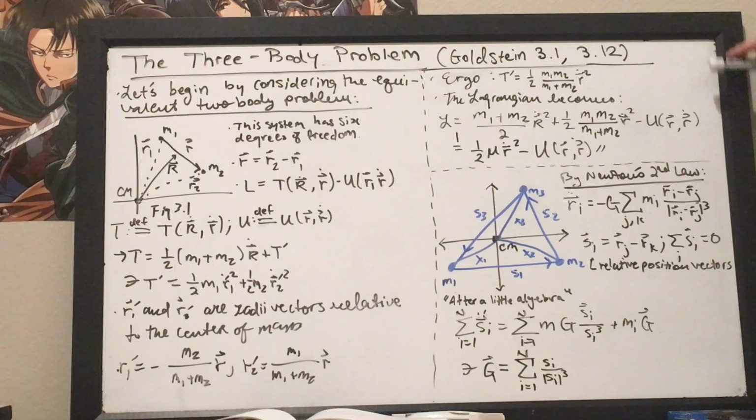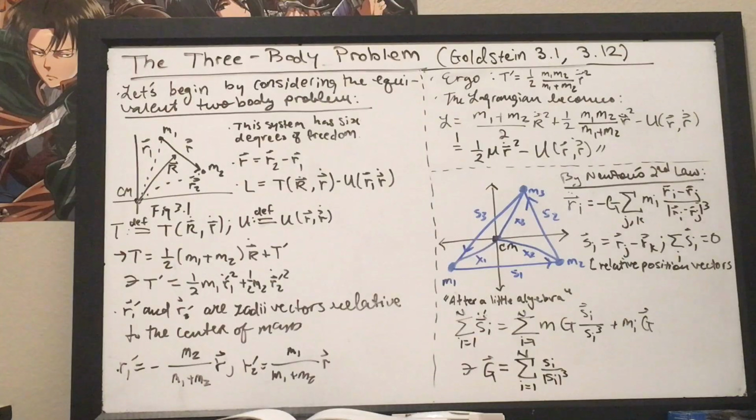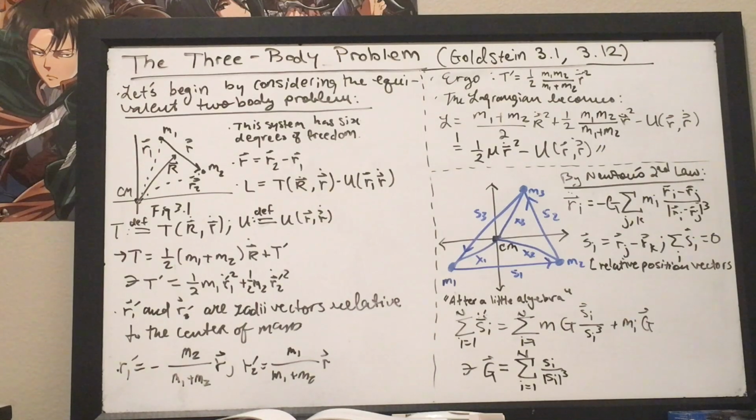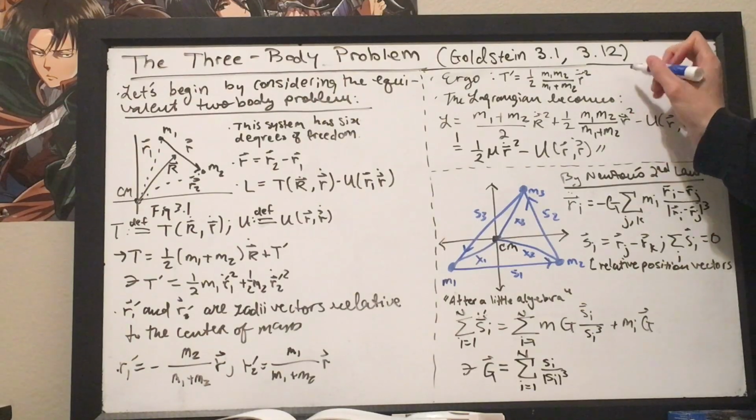what we're going to see is that we can rewrite our Lagrangian in terms of our big R velocity and our little r velocity. When we do this, we get our reduced mass term, and we subtract off our potential energy like we do in any Lagrangian. A fun thing about this is that once we employ the Euler-Lagrange equations, which state the following, I'll make it blue so we can see it.